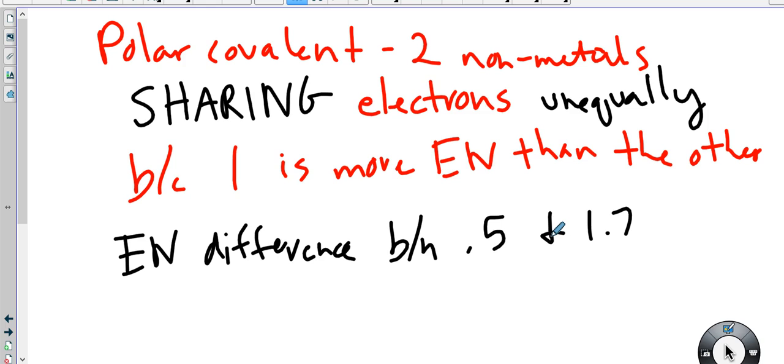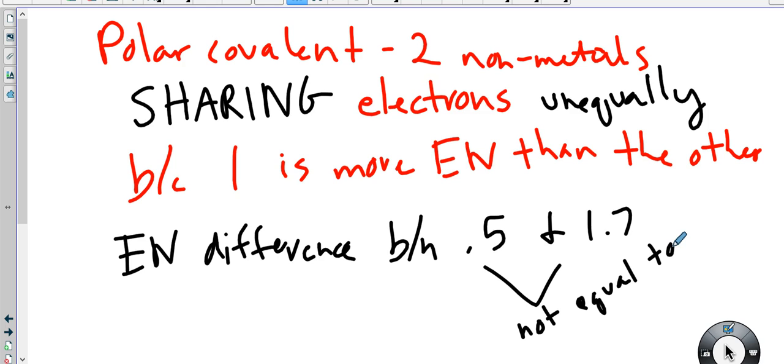So 0.51, polar. 1.69, polar. Greater than 0.5, less than 1.7, but not equal to. It doesn't have the equal sign on the bottom of the alligator mouth.